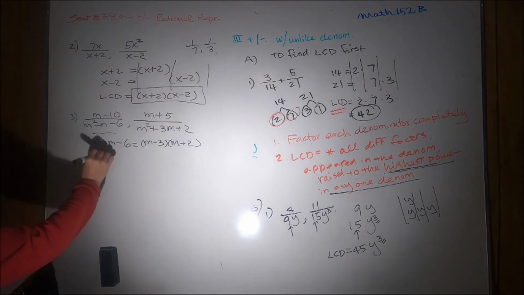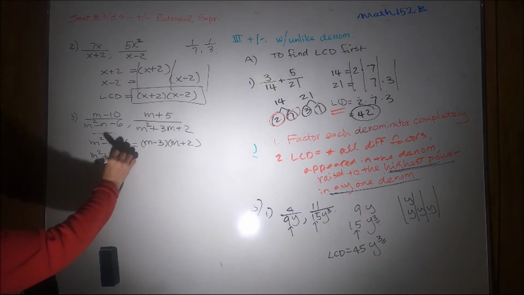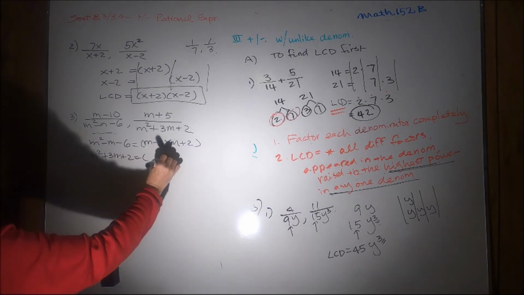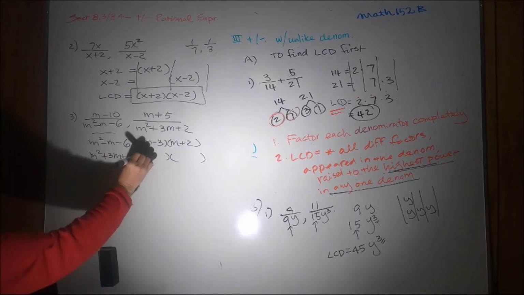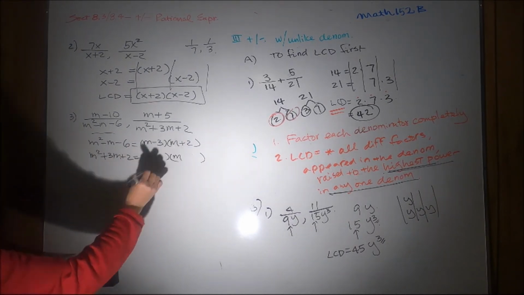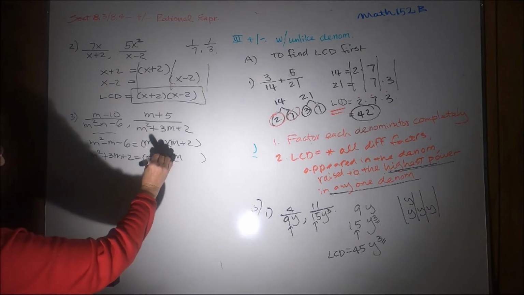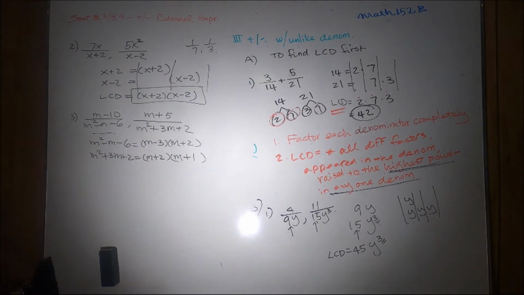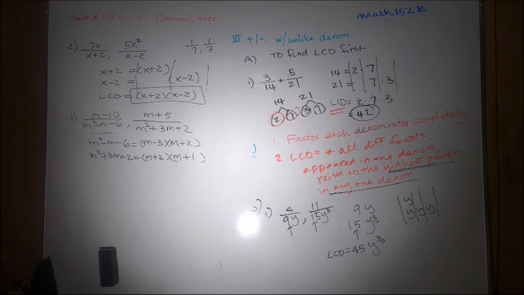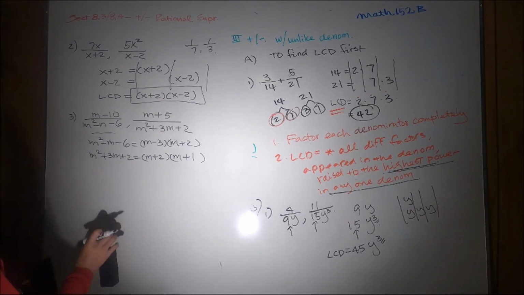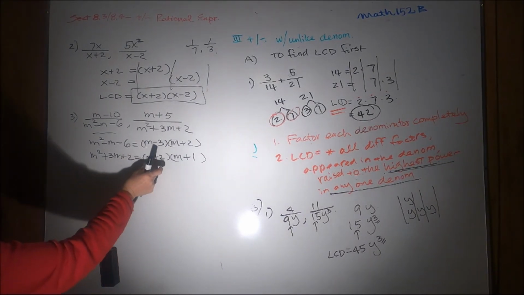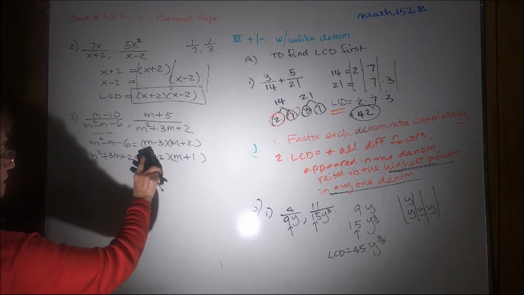And for m squared plus 3m plus 2, a trinomial with leading coefficient 1, so you have m and m, which two numbers multiply together to be 2 and added together are 3? That will be 2 and 1, positive 2 and positive 1, right? But we need to line them up. So for each prime, for the group, you need to write it this way.